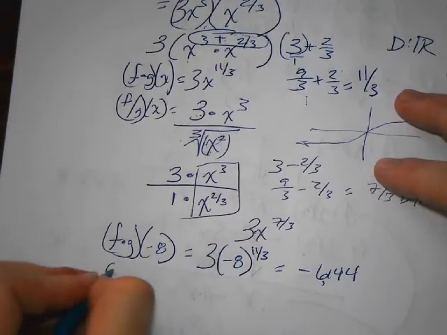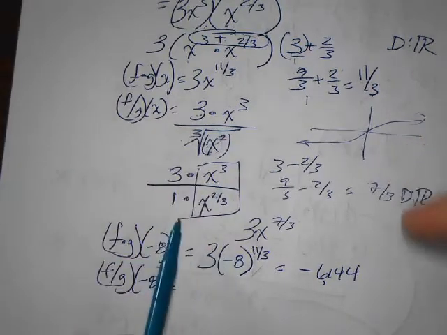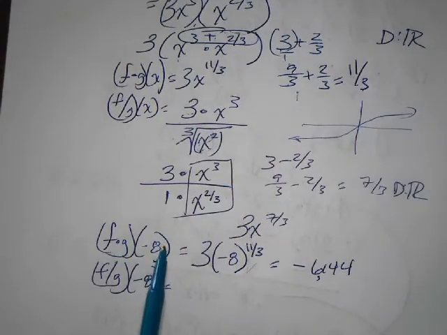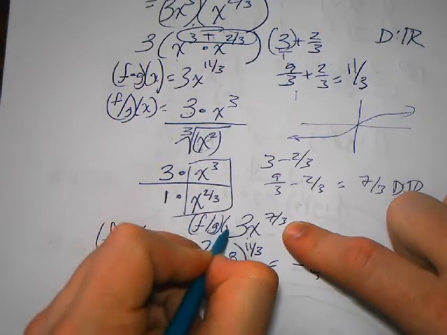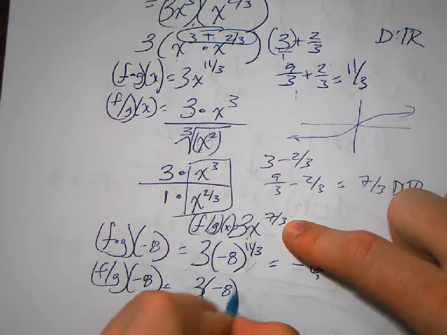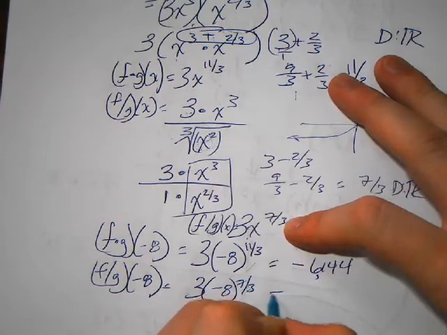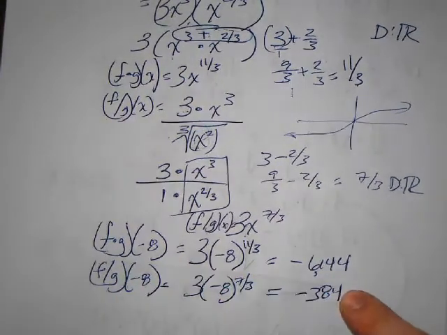When we divide f divided by g of -8, we're going to use our new equation over here, which was 3x to the 7/3 power. So 3 times -8 to the 7/3 power. And that one is -384 in our calculator.